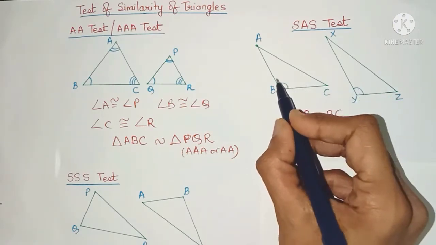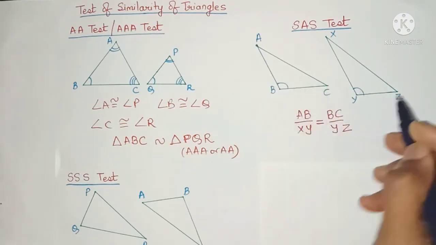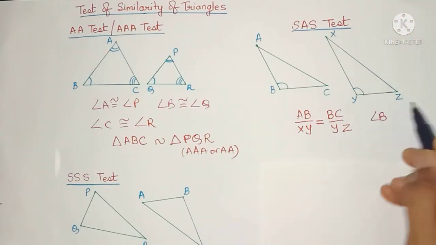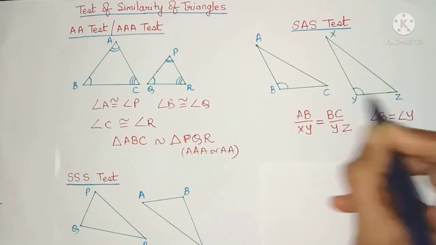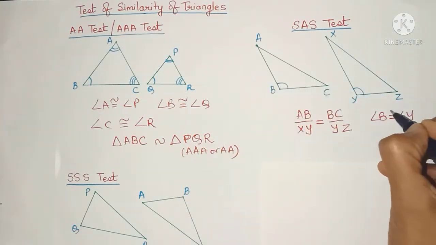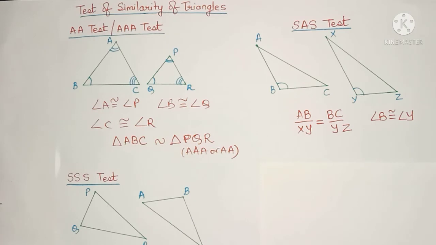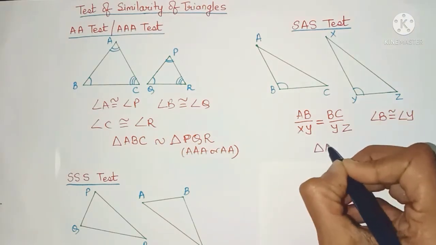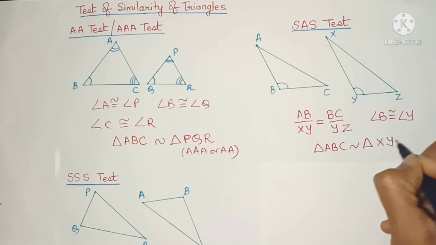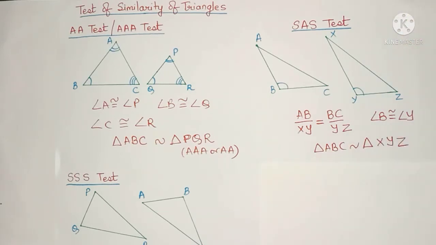What is the angle between AB and BC? It's angle B. And what is the angle between XY and YZ? Yes, it's angle Y. So the angle between these two sides should be equal or congruent. Then in that case, triangle ABC will be similar to triangle XYZ by the SAS test.